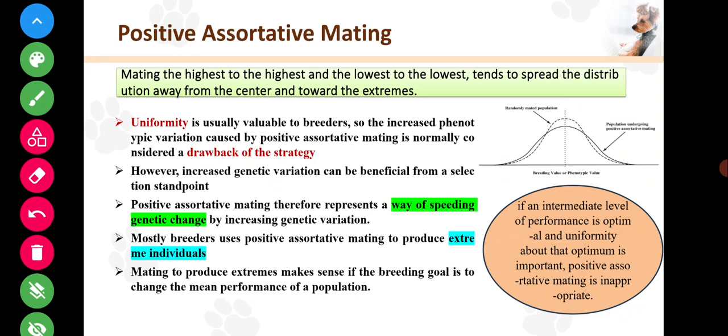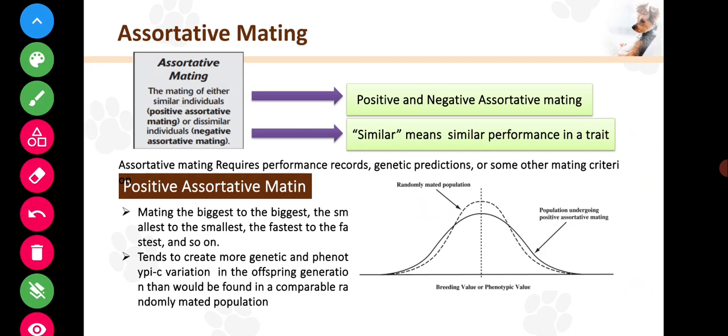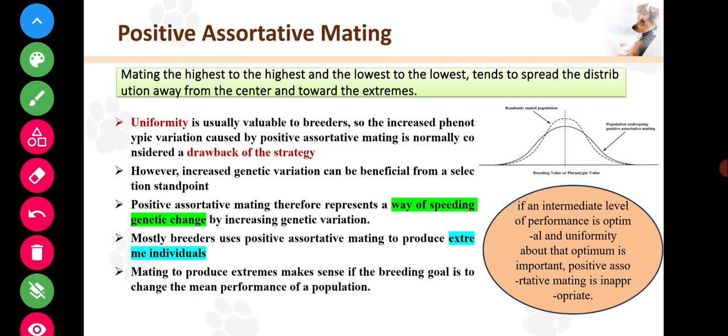Mating to produce extremes makes sense if the breeding goal is to change the mean performance of the population. When your breeding goal is to increase the mean performance of the population, you will go for positive associative mating.